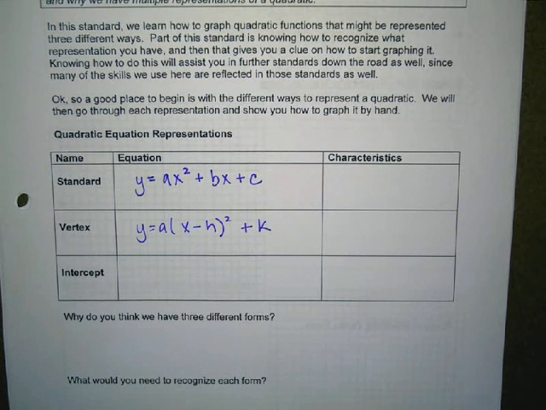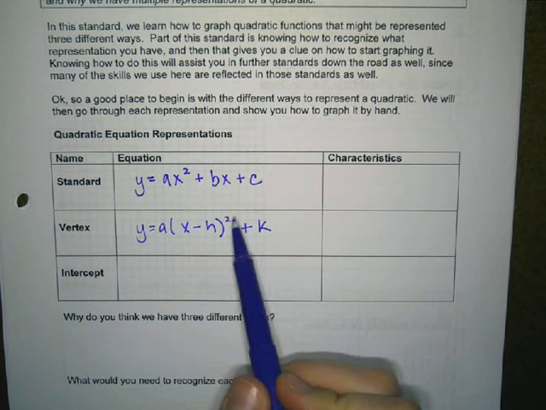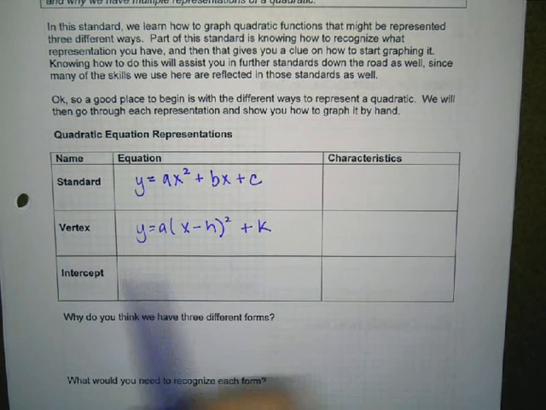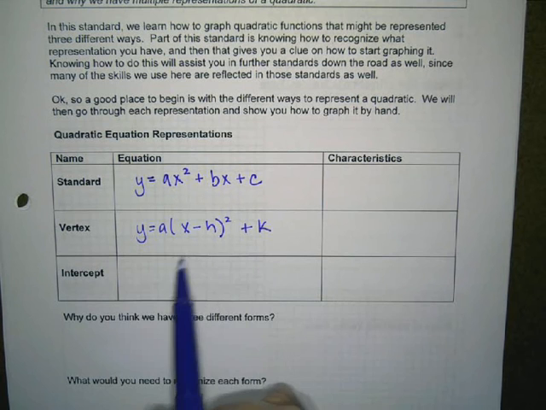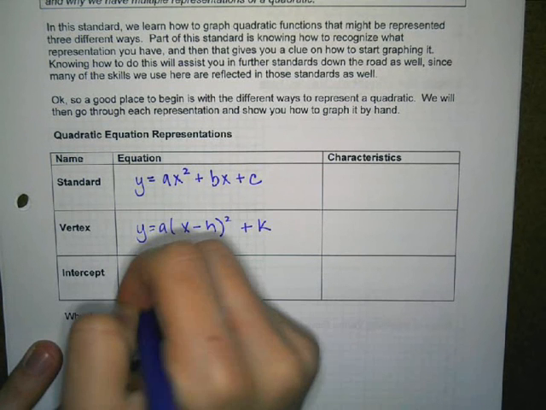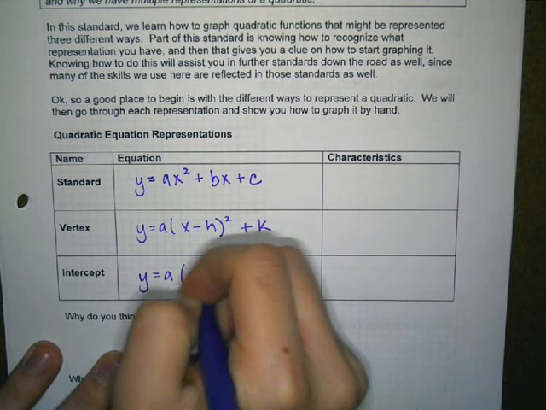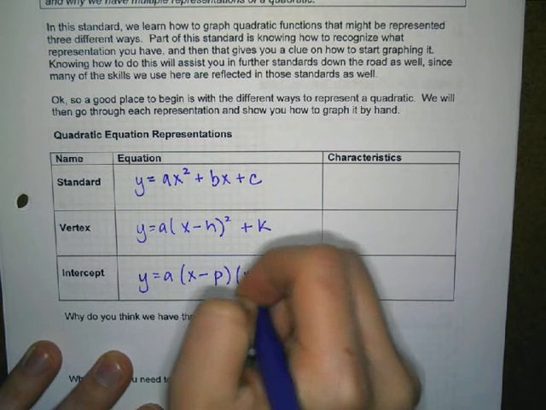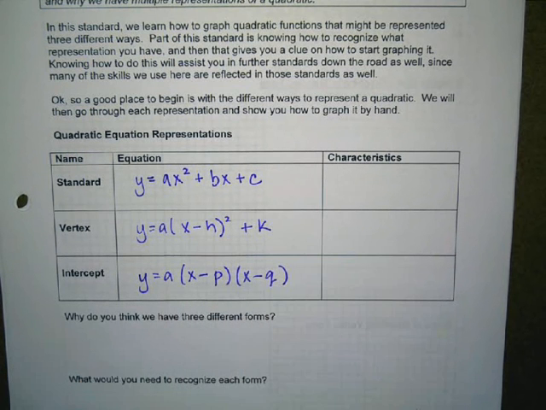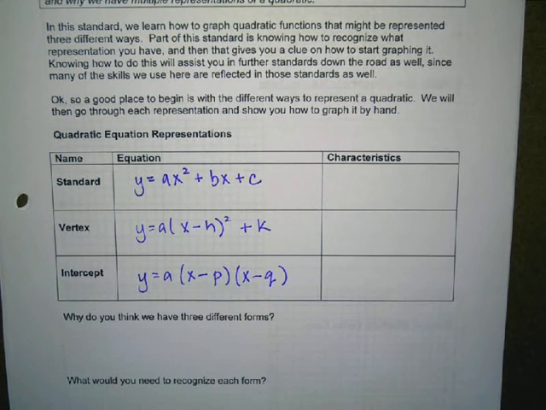The only difference between the absolute value one and this one is the function on x has changed from absolute value bars to a square. That's what makes this a quadratic. And then the intercept form looks like this. Now, we're going to learn how to graph intercept form, but it's going to make a little more sense why we need this type of representation when we do the next standard.